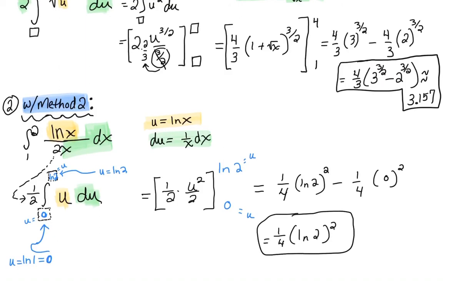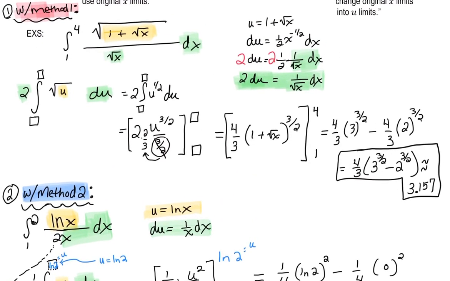So this is method 2. Method 1 makes you go back to x's and use those original x limits of integration. So here we went back to the x's and we then used the original x limits of integration. That's what we start with in the original integral.